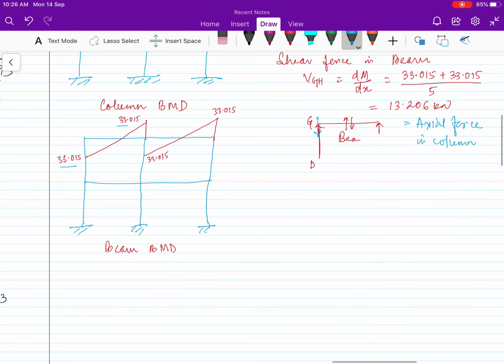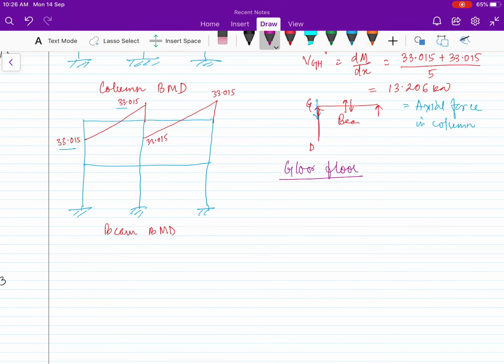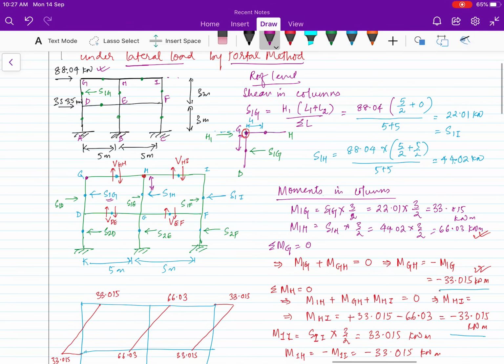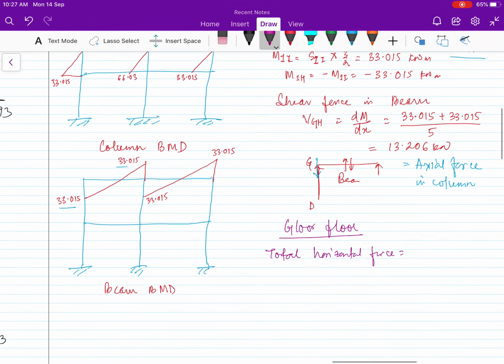Next we are going to level 2. So I'll just write ground floor. Same, we are going to calculate the shear, then the moment, and then the shear force or the axial force in the column. First, the total horizontal force at this level will be H1 plus H2. That means the first level was 88.04 plus 35.35, the total horizontal force summation.